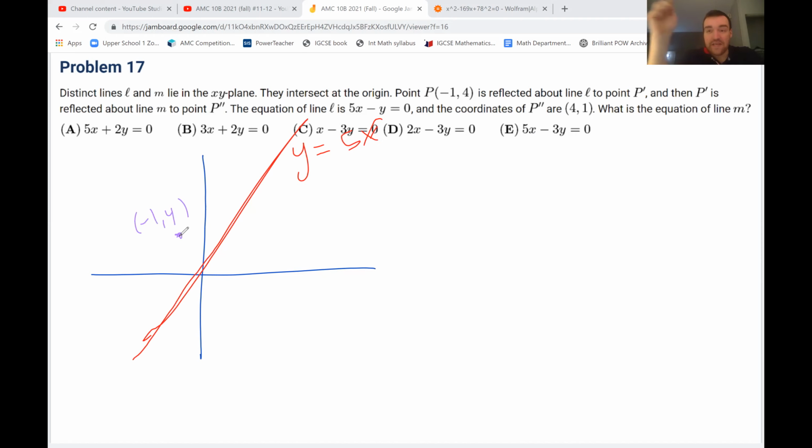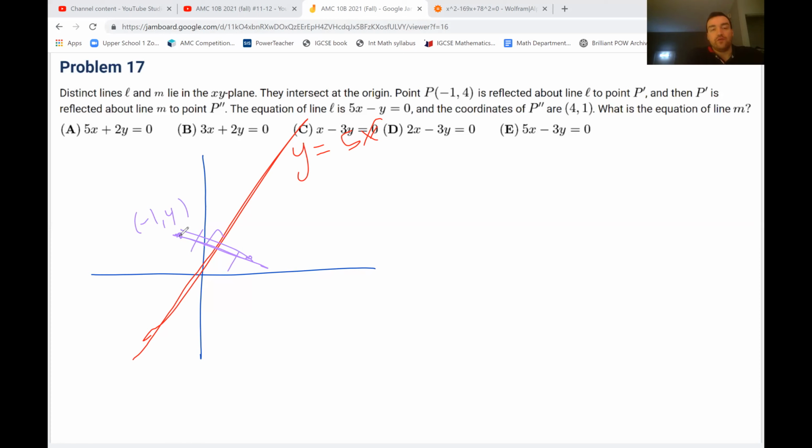That point is going to get reflected over line L to some point, maybe over here somewhere, in such a way that the segment is perpendicular and also bisected. So we need to find what's called the perpendicular bisector.